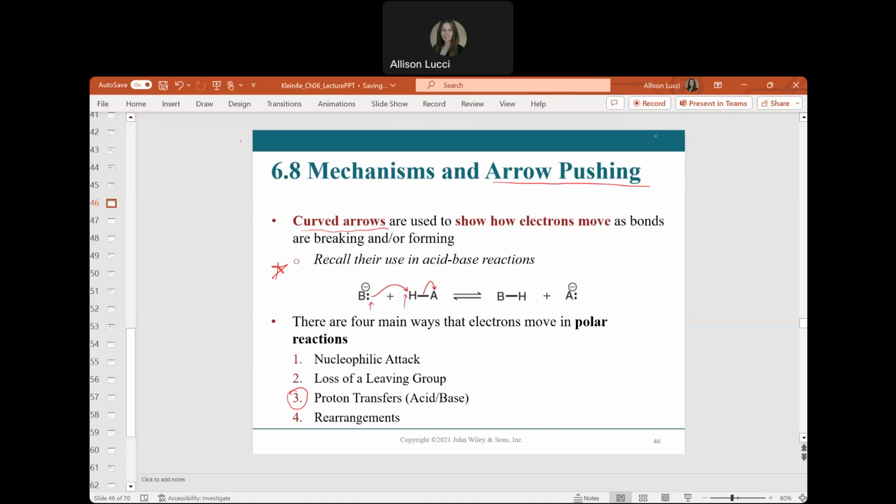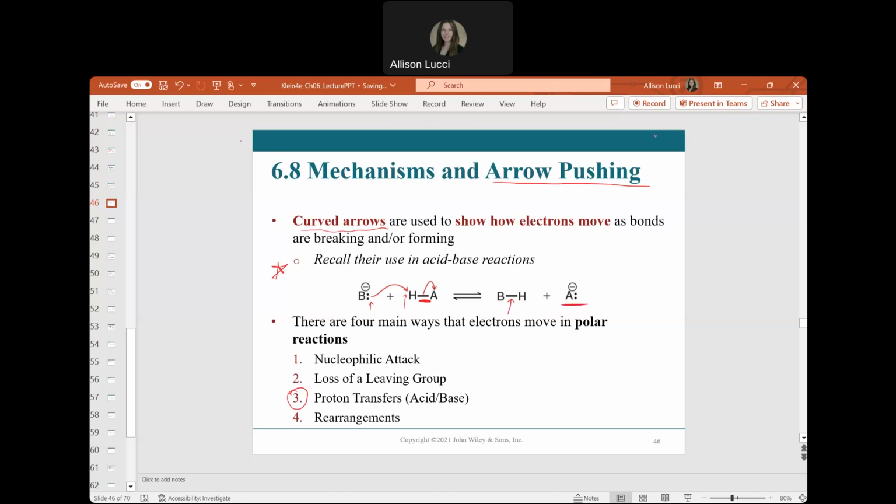And then once that grabs the proton, the electrons that were in this bond, the tail is on those electrons, and then the head goes to the A here, which is our acid, which becomes our conjugate base over here. So we can see that this new bond has formed between the base and the proton, and the lone pair, the other electrons, have moved to the acid.